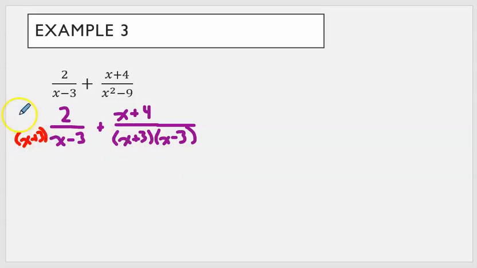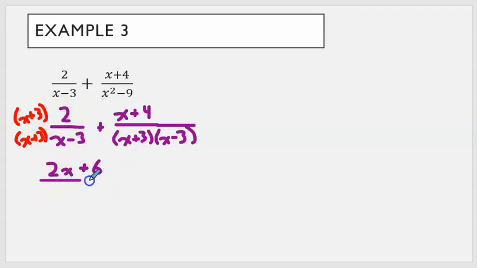But remember, we can't just do that on the bottom, so we will also have to multiply that on top here. So let's go ahead and perform that operation. I need to distribute 2 times x and 2 times 3.